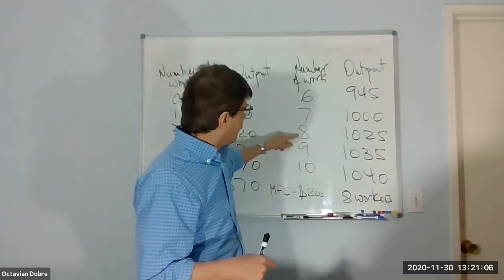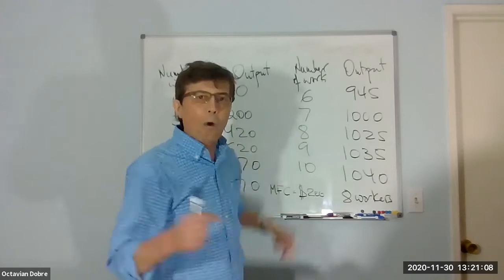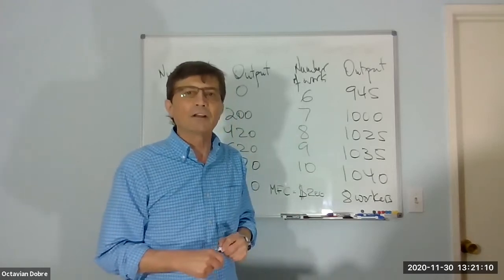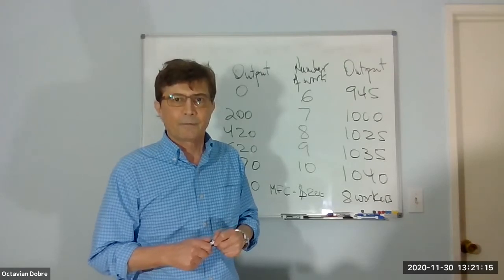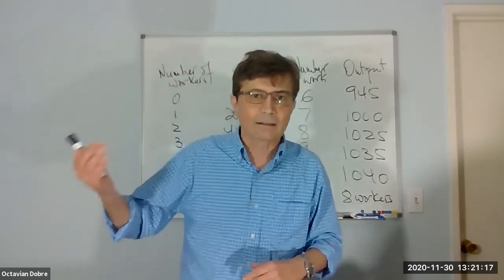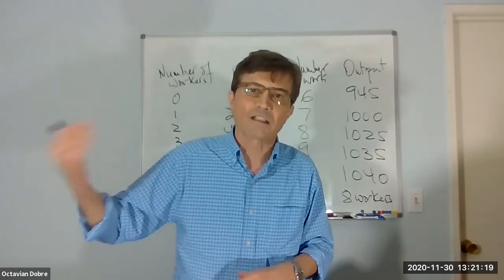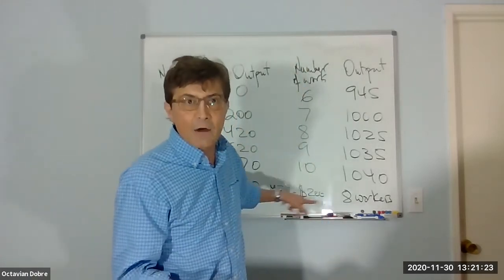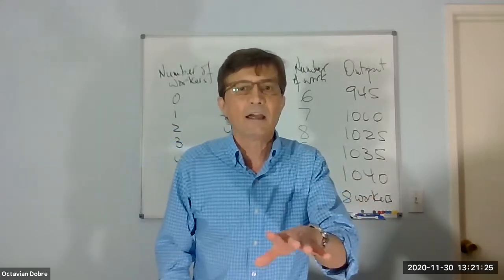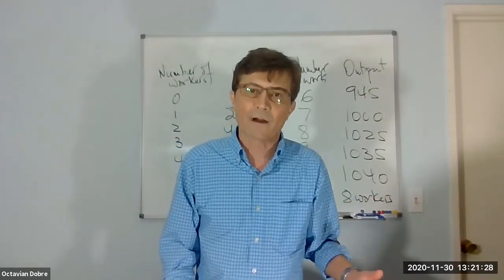But for the firm to hire 9 workers, what would the price have to be in order for the firm to be willing to hire 9 workers? That means that the contribution to the cost of the 9th worker, which is $200, would have to be the same as their contribution to the revenue.